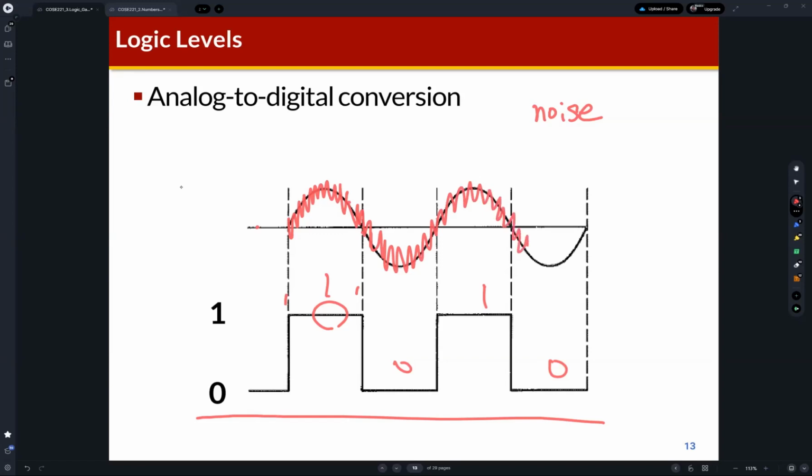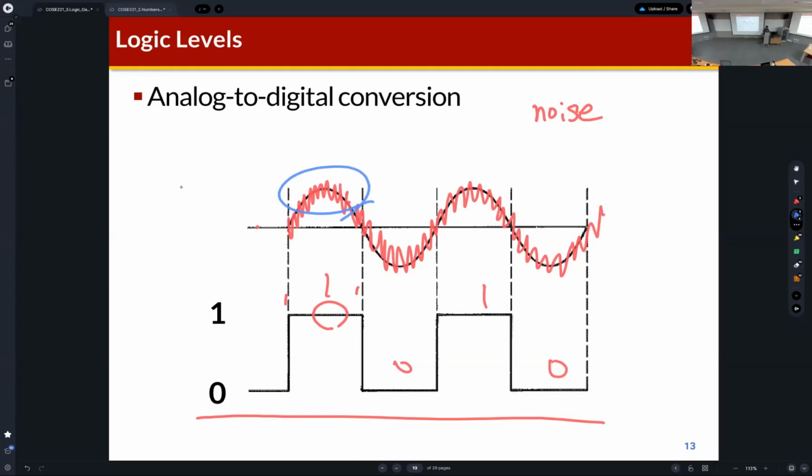Okay, so noise is added. If the noise level is too large, then we cannot figure out the real signal. But usually, the noise signal is smaller than the real signal. So then what is the problem? Actually, there is no problem in this region. We can just think that this is 1.